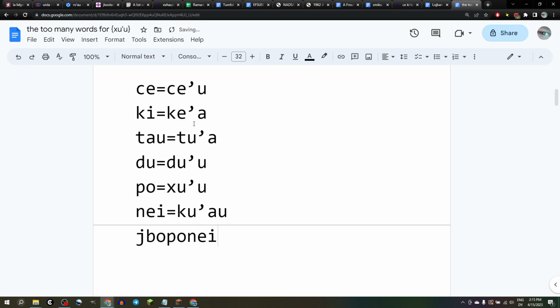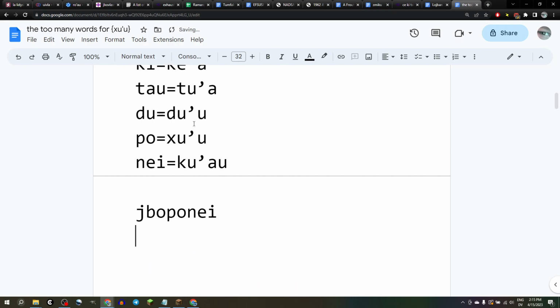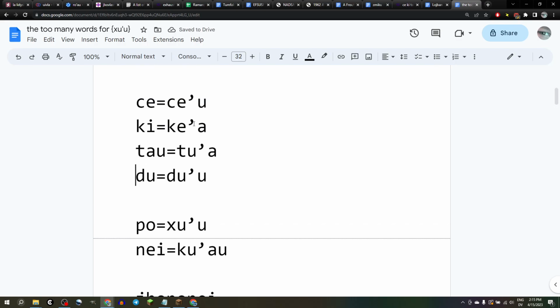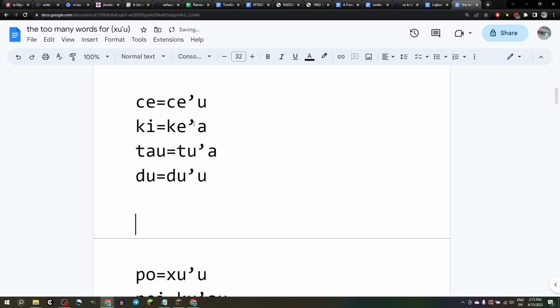It has a picture of a pony, and the pony I named using po and nay, jboponei, which just confused people that there's a name for it. That's just a name for using these two substitutions. We call these substitutions Chiquitao, and this is within Chiquitao.